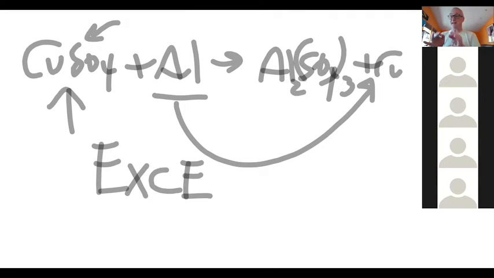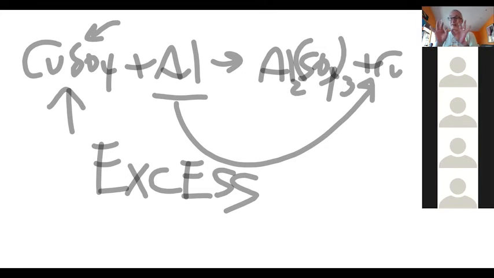We need an excess. In any reaction, basically you're going to have an excess of one of the reactants, and the other one is going to be limiting. Now, what's the definition of a limiting reactant? The reactant that you run out of. Right.